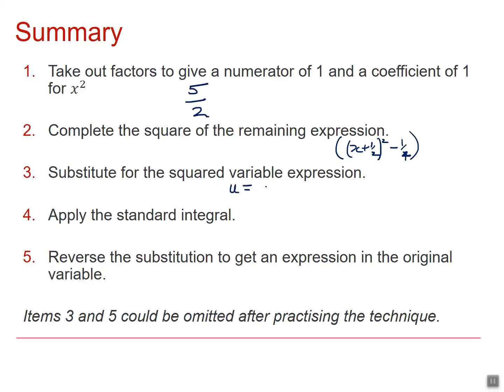We substituted u equals x plus a half, the thing that appears inside the square here. We used the standard integral, which was arctan, and then we reversed the substitution to get an expression back in the original variable. And as I said on the last slide, this section here, where we do the substitution and the back substitution, can be omitted after you've practiced the technique a bit and can see how the result is going to turn out.